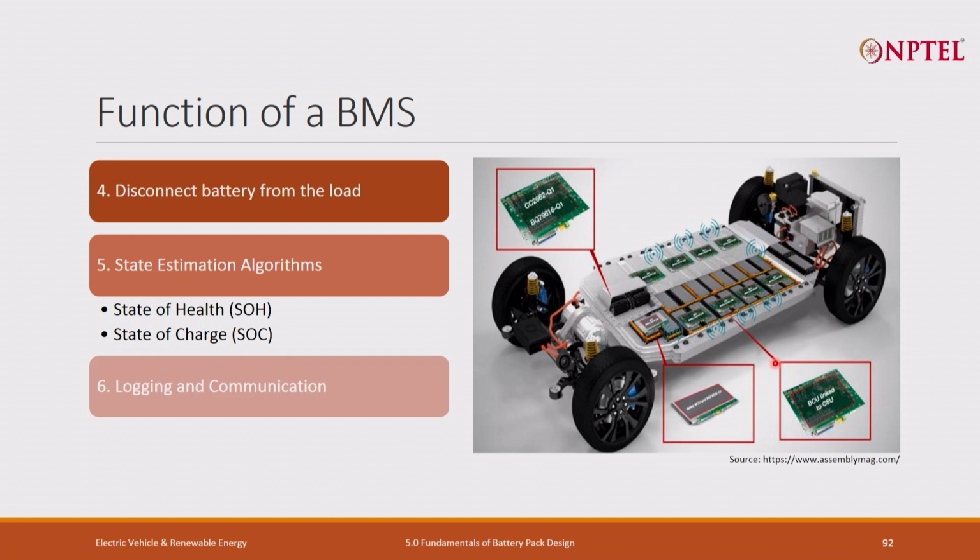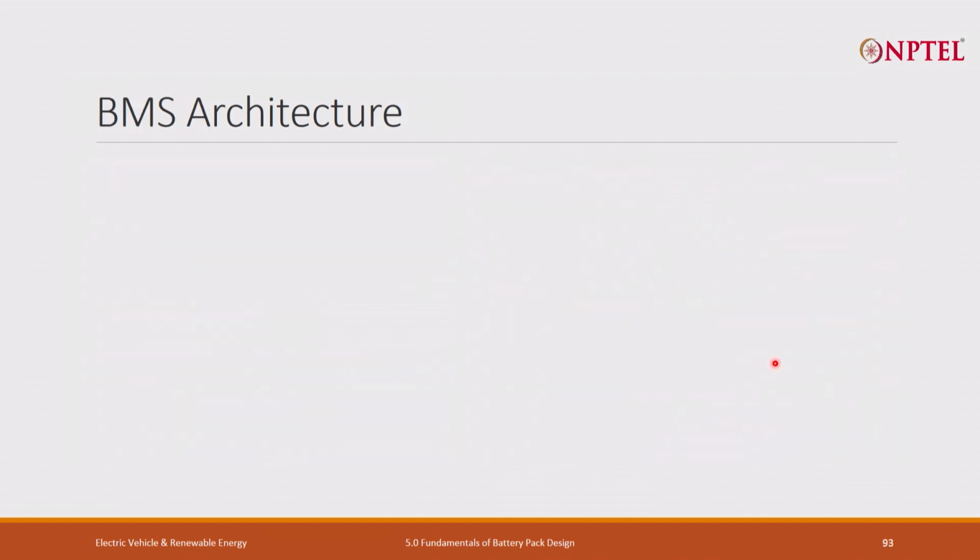Logging and communication. So it keeps on logging critical events and regular sensor values. Either it will store them or send them to other systems, subsystems, or outside using CAN and SPI. There are other communication protocols also, but mostly CAN is used for passing on information or taking information from other subsystems, or even from outside the world using CAN and IoT.